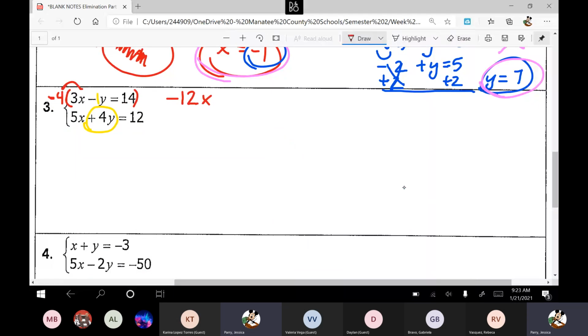Our next is negative 4 times negative 1y. Negative times a negative is positive. And then 4 times 1 is 4.